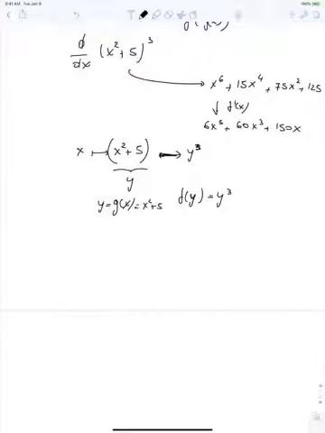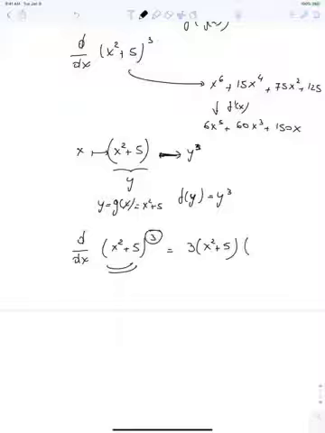So at this point, if we want to compute the derivative using the chain rule, well, we first have to compute the derivative of this polynomial here, which is a cube. So this would be 3 times (x squared plus 5) squared. And then we have the derivative of the polynomial here, which is 2x, and that's it.